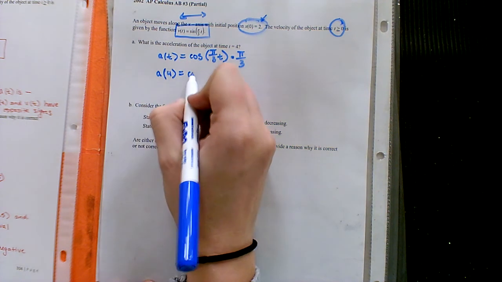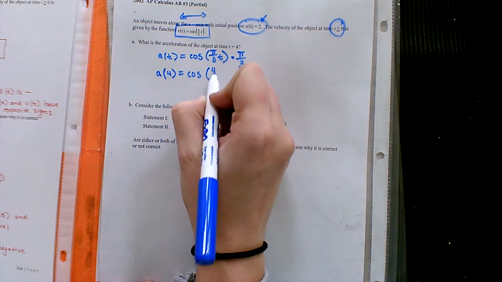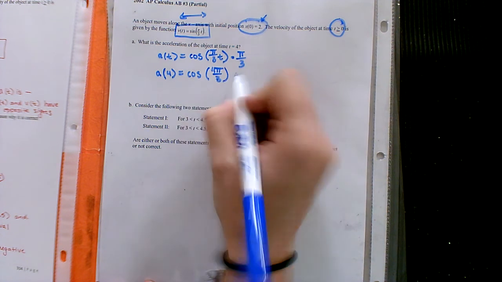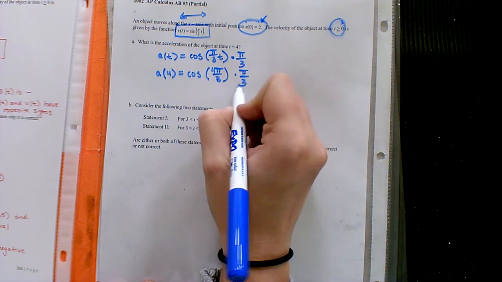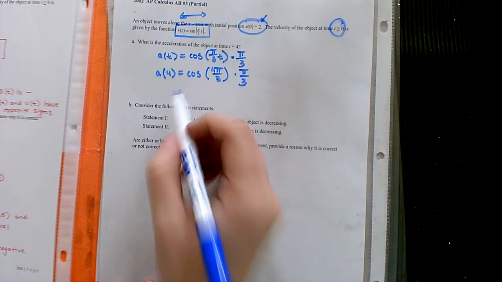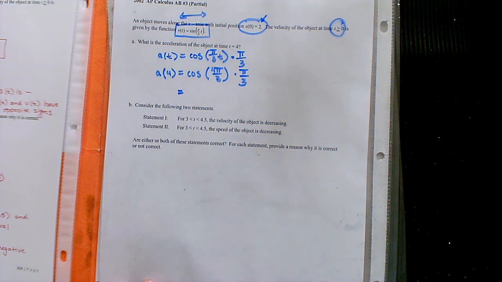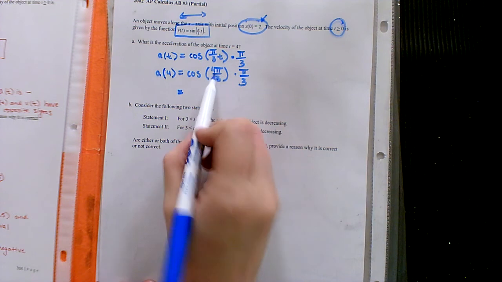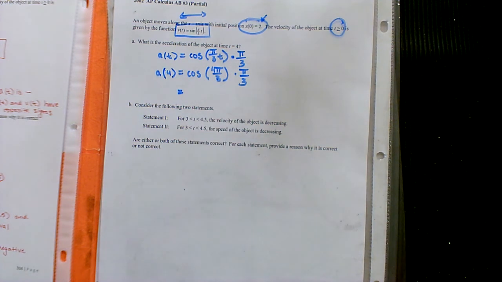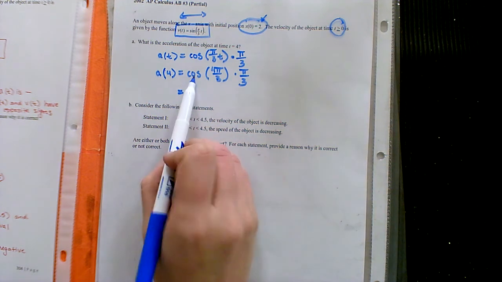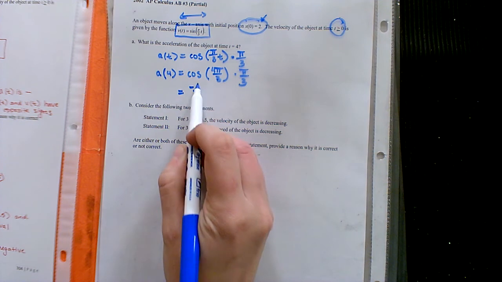All right, so we're going to plug in 4. We'll have cosine of 4 pi over 3 times pi over 3. Now, you may need your unit circle if this was a non-calculator question, which I bet it would be. You'd have to think about on the unit circle the cosine value of 4 pi over 3. 4 pi over 3 is in the third quadrant, so cosine would be negative, because x value is negative, and I think it's negative a half.